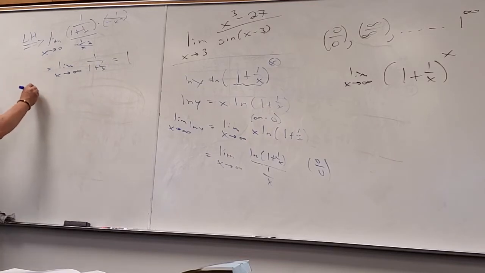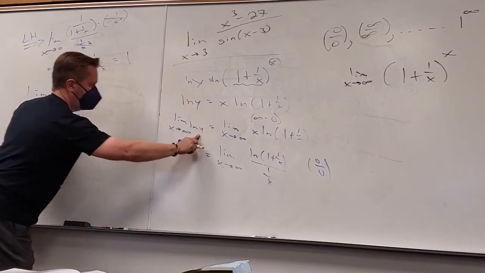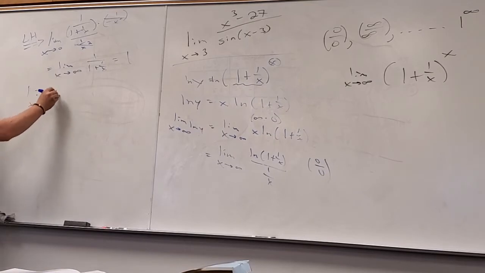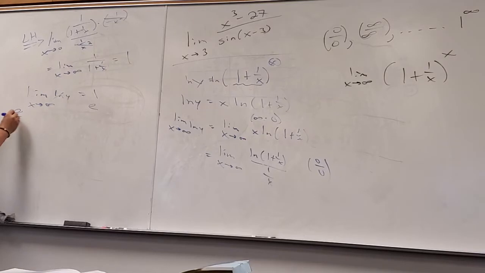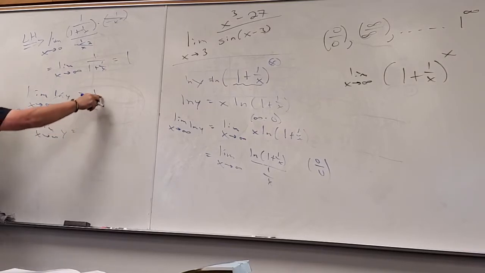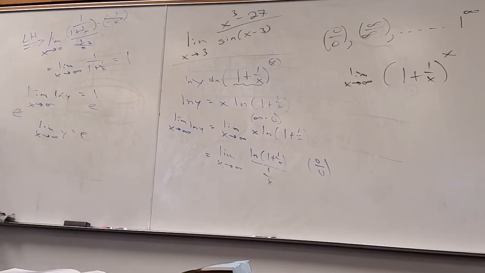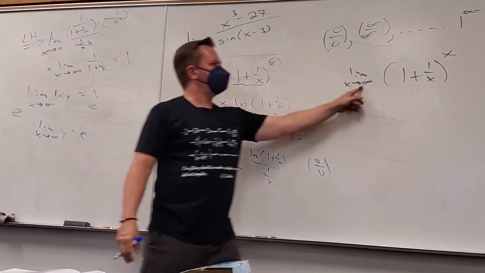No, because that's the answer to the limit of ln y. So we know the limit of ln y is 1. So if I do e to both sides, I know the limit of y is e. This is actually the most fundamental definition of e, the limit of this.